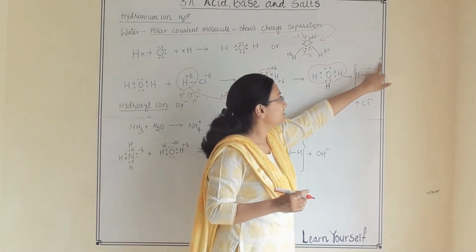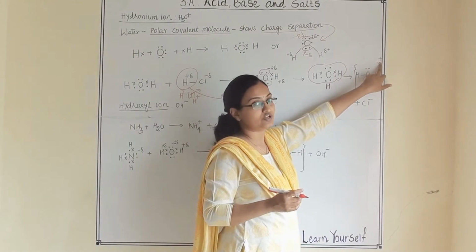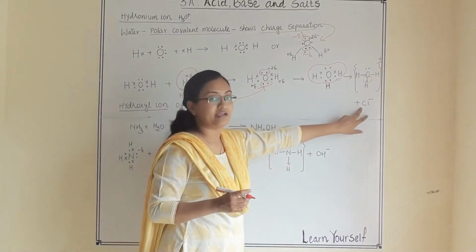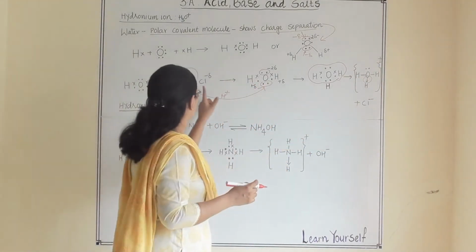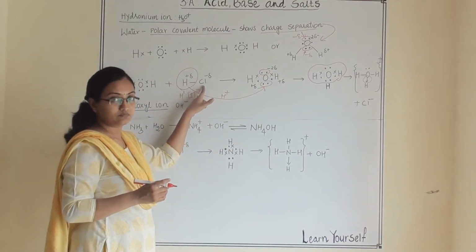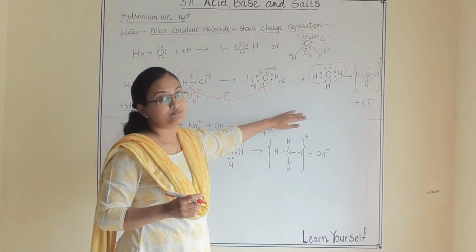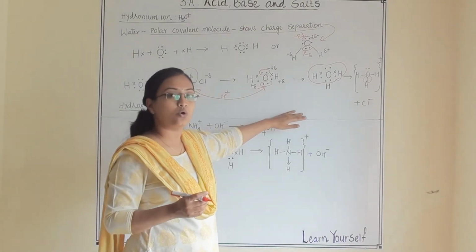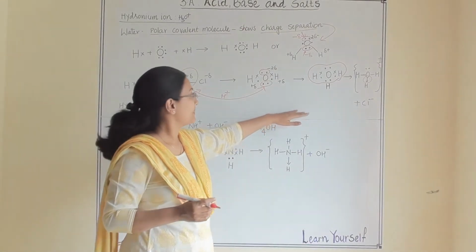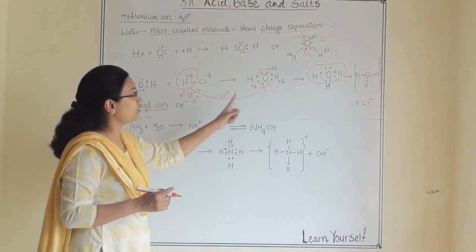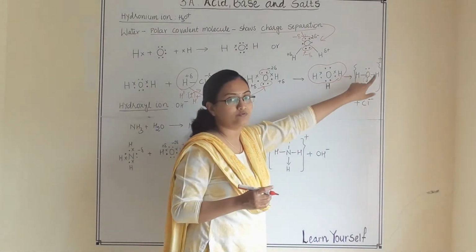That's why it carries a positive charge, and Cl minus is left behind. You can learn more about this in chapter 2, chemical bonding, coordinate covalent bond. So this is the mechanism of how the hydronium ion is formed.